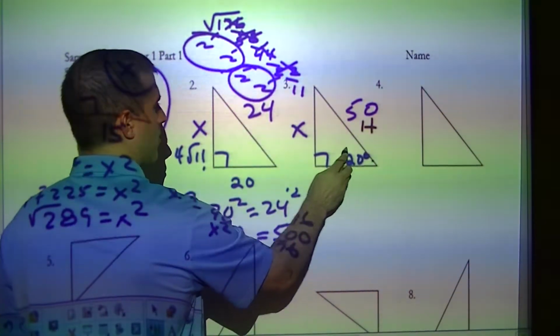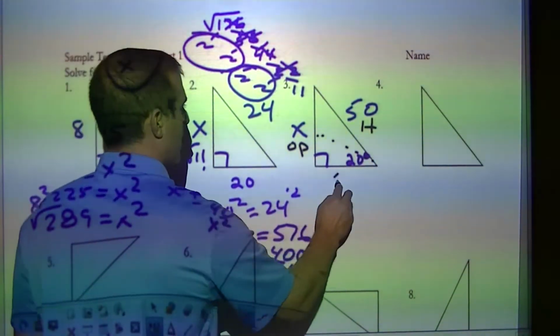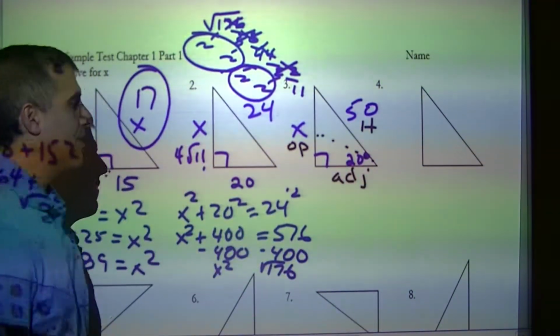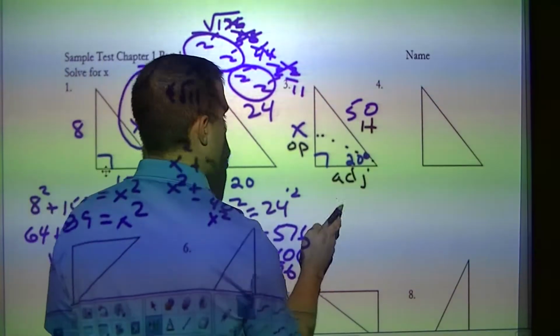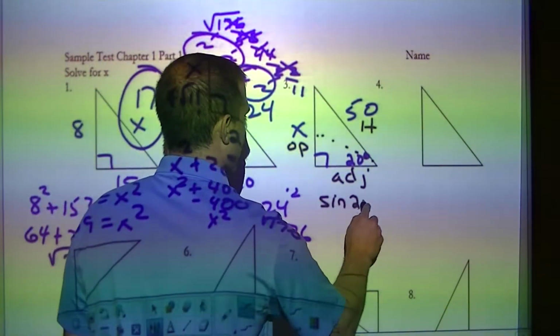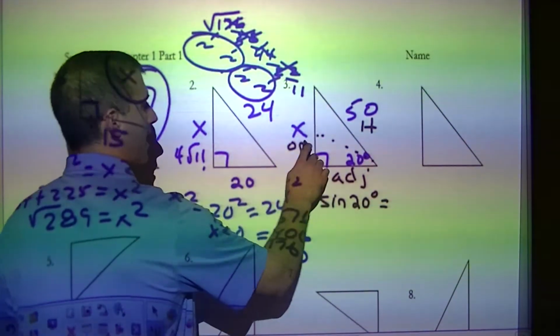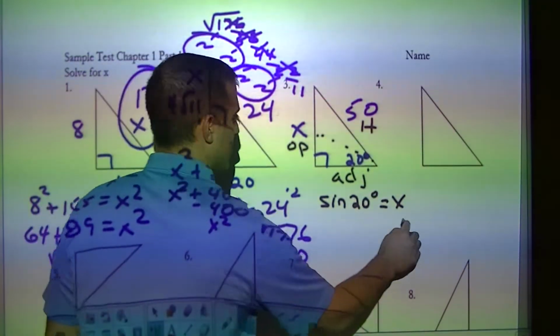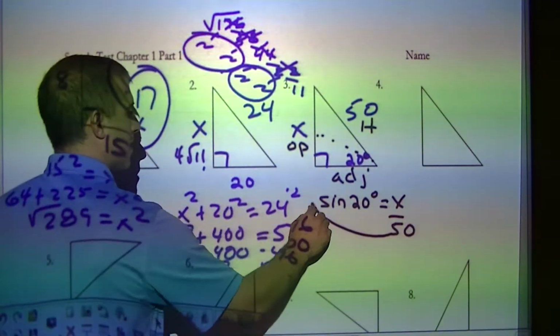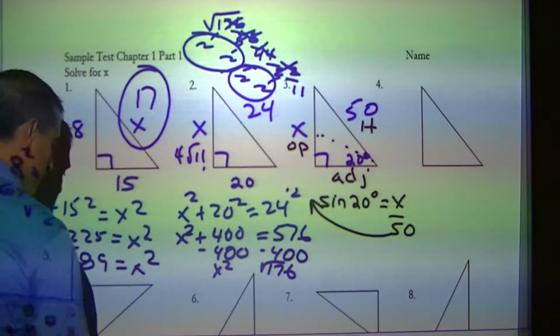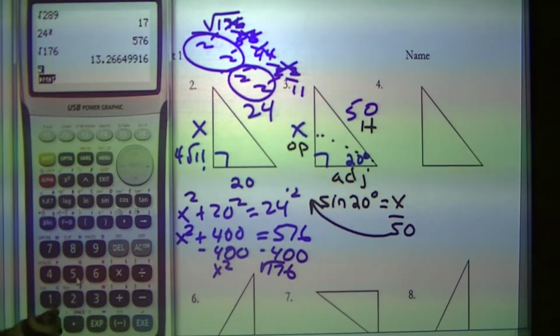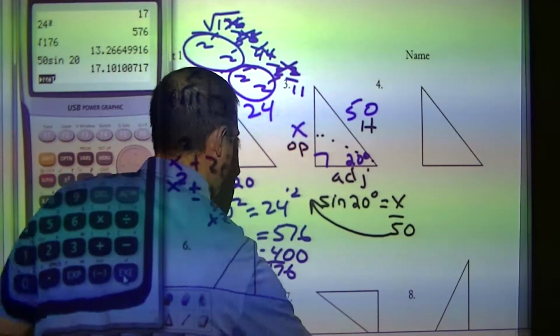Since this is my angle, that's going to be my opposite and adjacent. So the 2 letters I have information for are opposite and hypotenuse, so that's going to be sine of 20 degrees. You put your angle in first, opposite is x, hypotenuse is 50. To solve these problems, I move the 50 up there. So the way I type that into the calculator is 50 times the sine of 20 degrees, and you get an answer of 17.10.